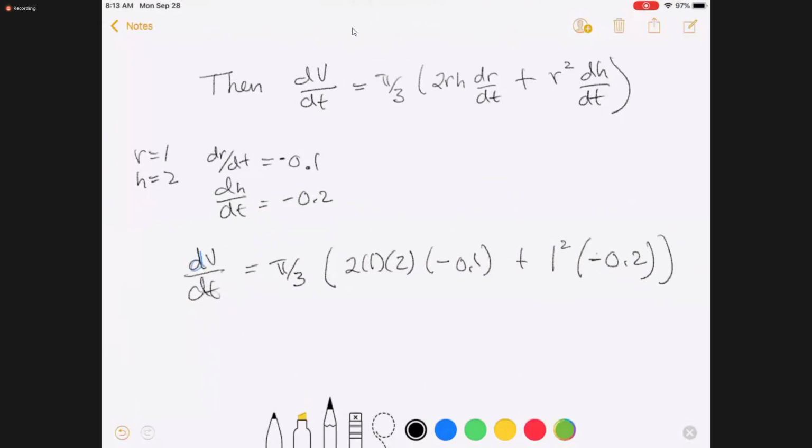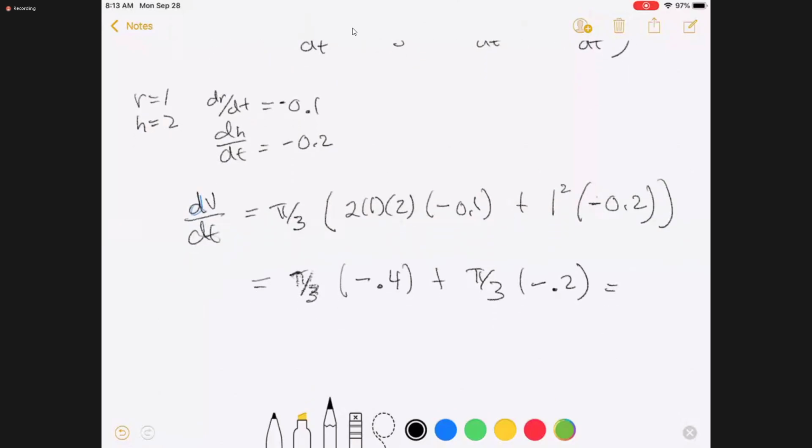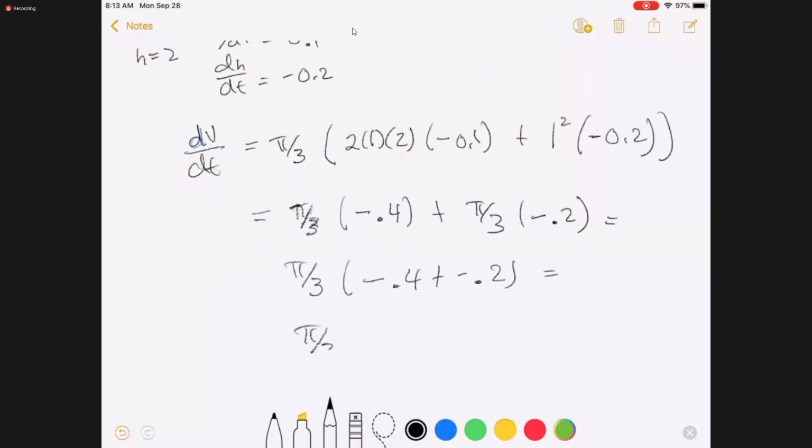And that's equal to, let's see if I'm up to the arithmetic this early in the morning, pi over 3 times 4 times minus 0.1, so that's minus 0.4, plus, remember that pi over 3 goes with that second term, 2 times minus 0.2. Okay, pi over 3 times minus 0.6.